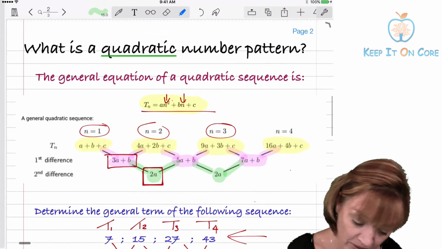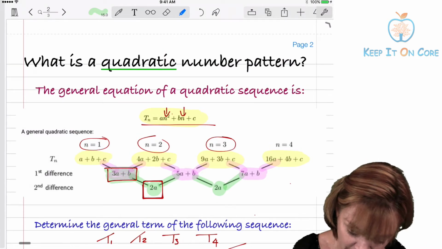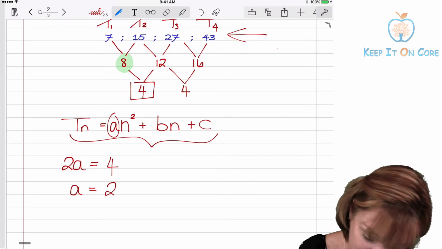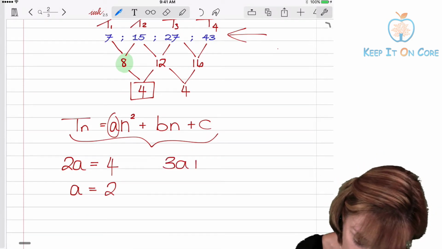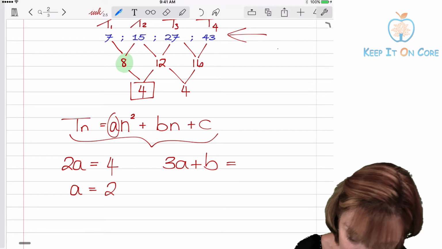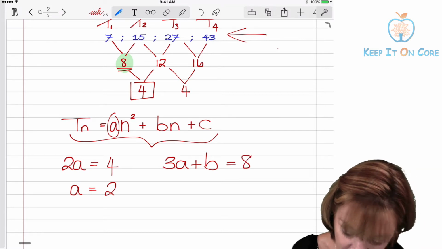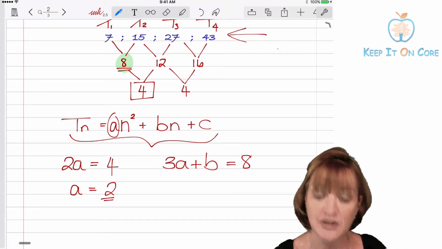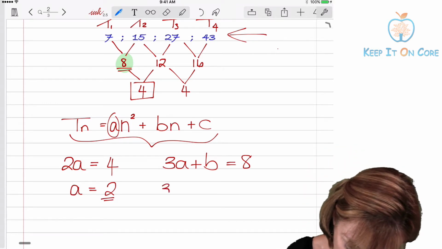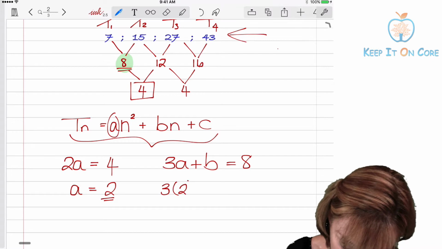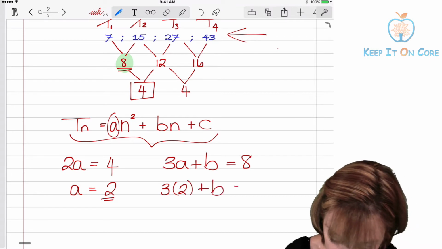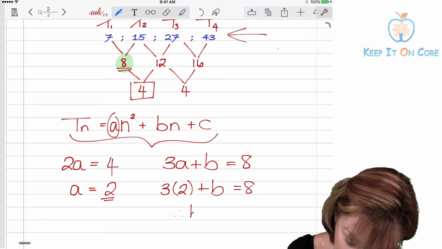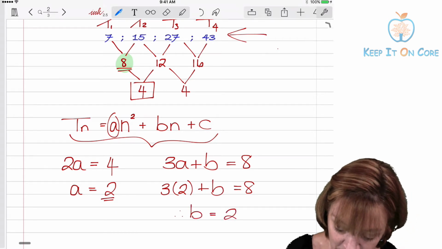If that was given by the general term of 3a plus b, then 3a plus b is equal to 8. Don't forget we've already solved for a. We already know a is 2, so 3 times 2 plus b equals 8, which means that b is equal to 8 minus 6, which is also 2.